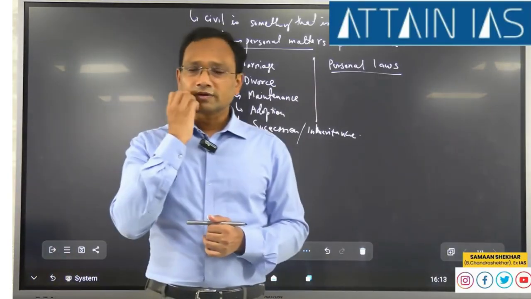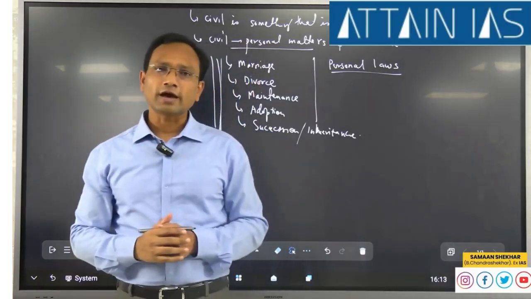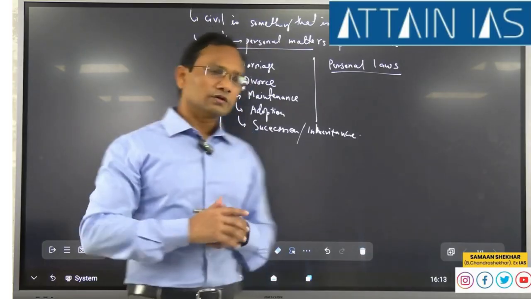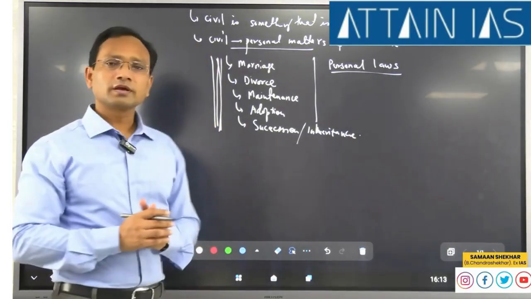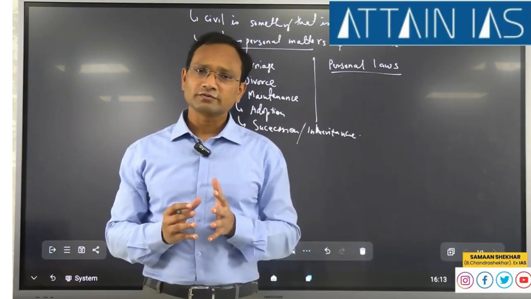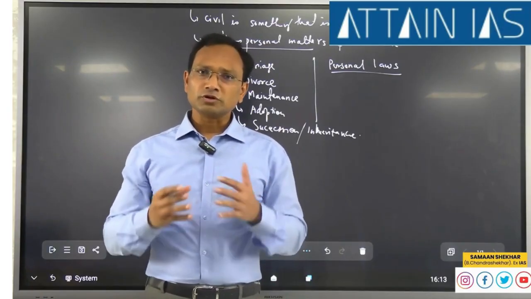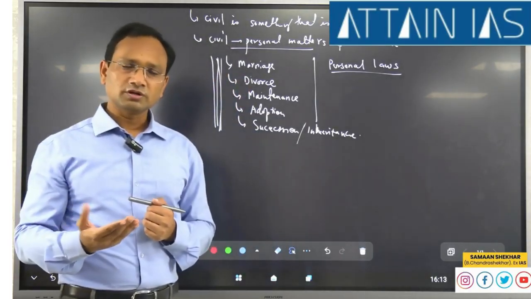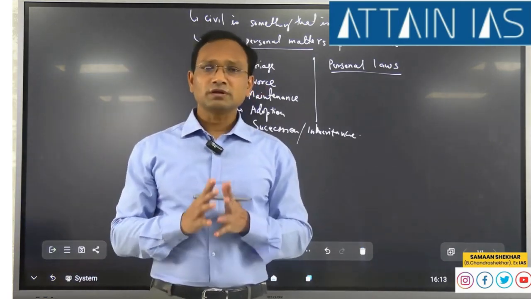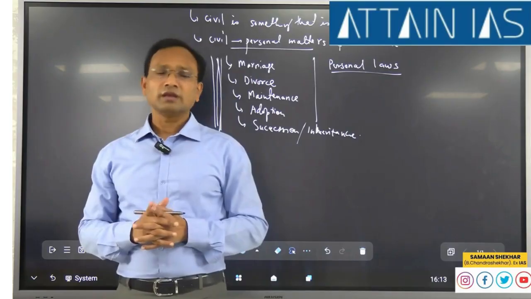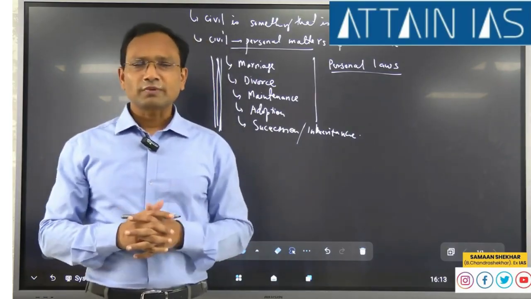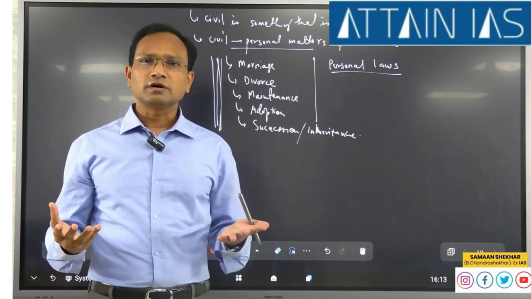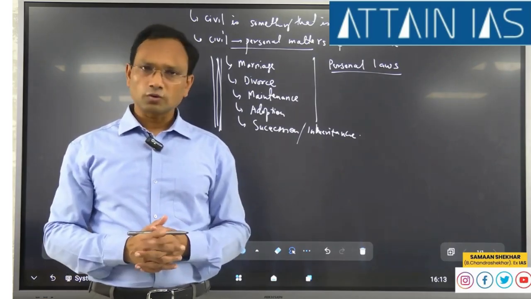In Indian context, this issue of having a uniform civil code or having personal laws that cover these aspects of life, uniform or uniformly applicable to all the people living in the country, irrespective of their religion, has been an issue which has been pending for long, and it has been a contentious issue, primarily because in India we have almost all religions, major religions being followed by the people here.